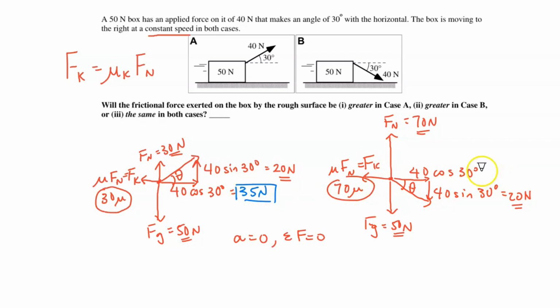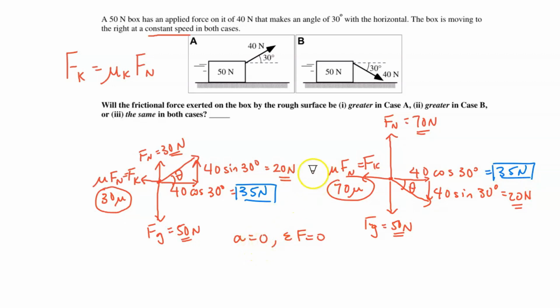How about over here, 40 cosine 30? This is also 35 newtons. So in order for this to be going at constant speed, the friction would also have to be 35 newtons, because the net force is 0 if it's going at constant speed.